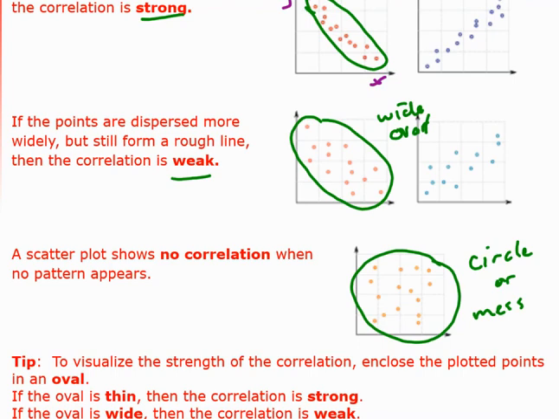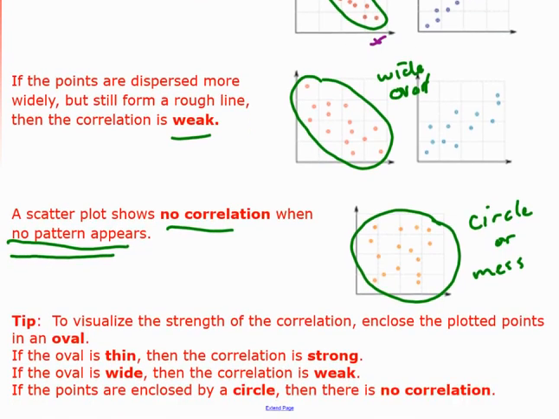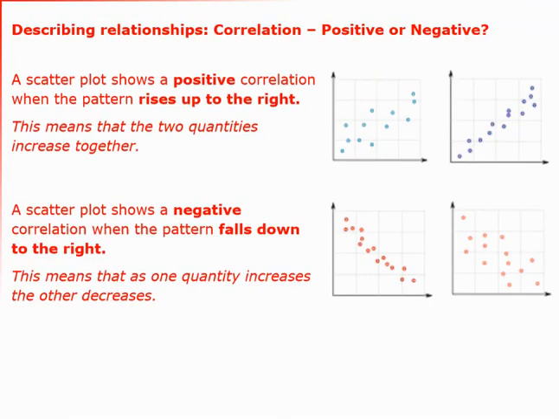The weather and the stock market, maybe someone might argue that there is, but there's no distinct pattern. Okay. So a tip to visualize, well, we talked about a thin oval, a wide oval, or a circle for no correlation. All right. Very good.